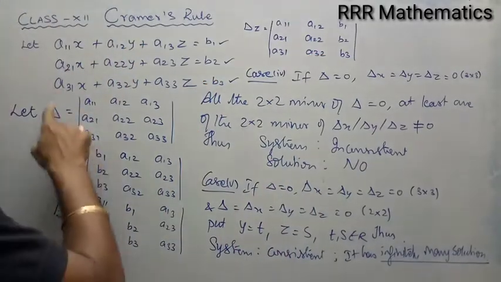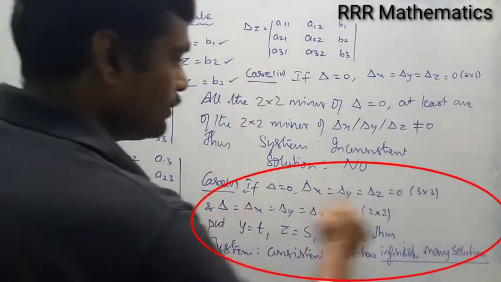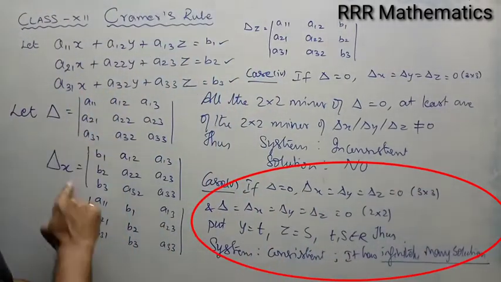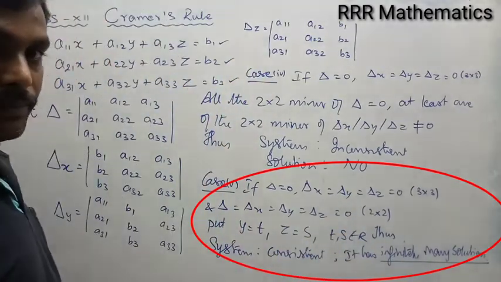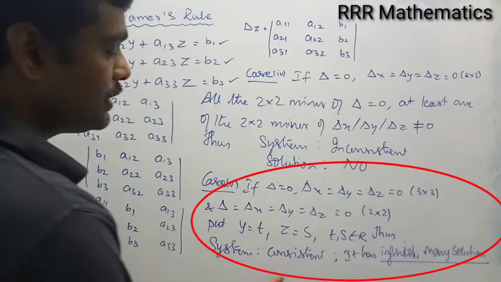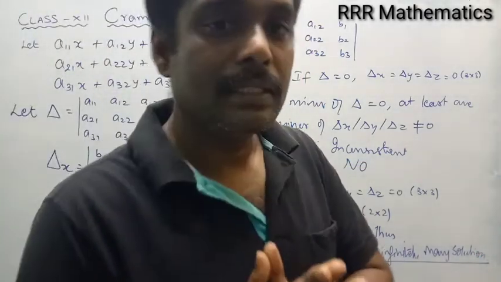Case 5: all the 3 by 3 determinants delta, delta x, delta y, delta z are 0, and all the 2 by 2 minors of delta, delta x, delta y, delta z are 0. Introduce two dummy variables. We have infinitely many solutions. The system is consistent. But in our syllabus, we only have case 1.